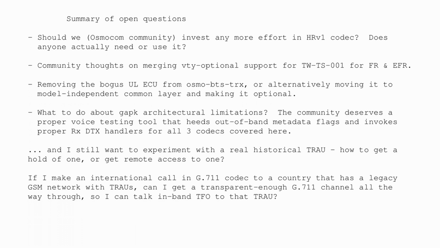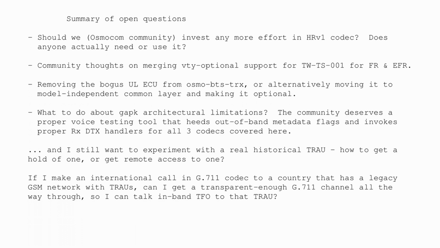Maybe just quickly feedback to the other topics on the slide here. So the additional TWTS001, I don't mind having some other format, but what I don't like, I quickly looked at the patch as it is at the moment, is that it basically uses the same RTP payload types and only the size is used to differentiate.